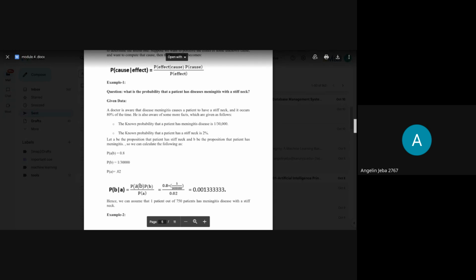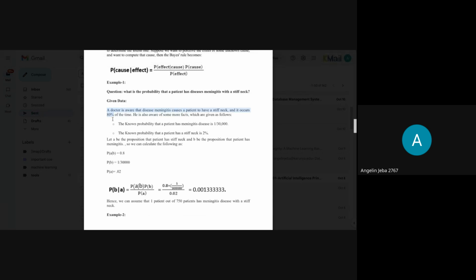So here, the probability 0.8 is this one: the disease that causes stiff neck, that is meningitis, causes stiff neck 80% of the time.